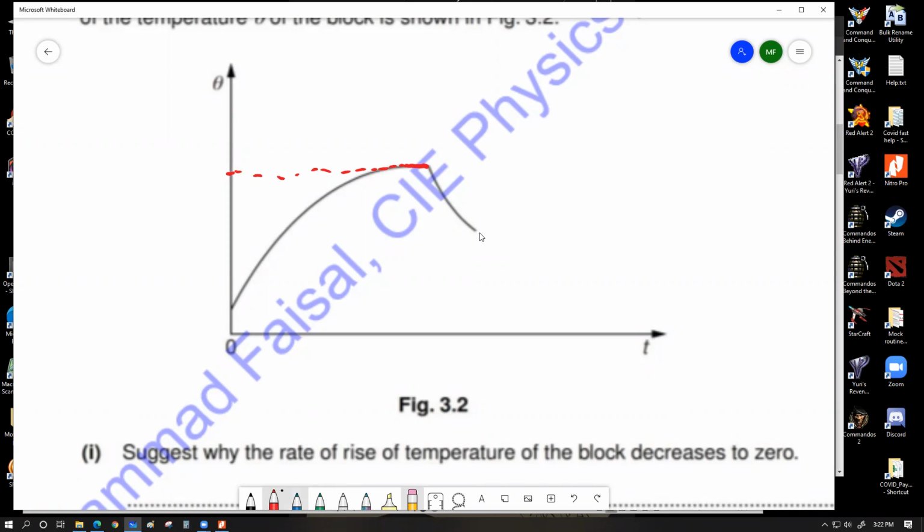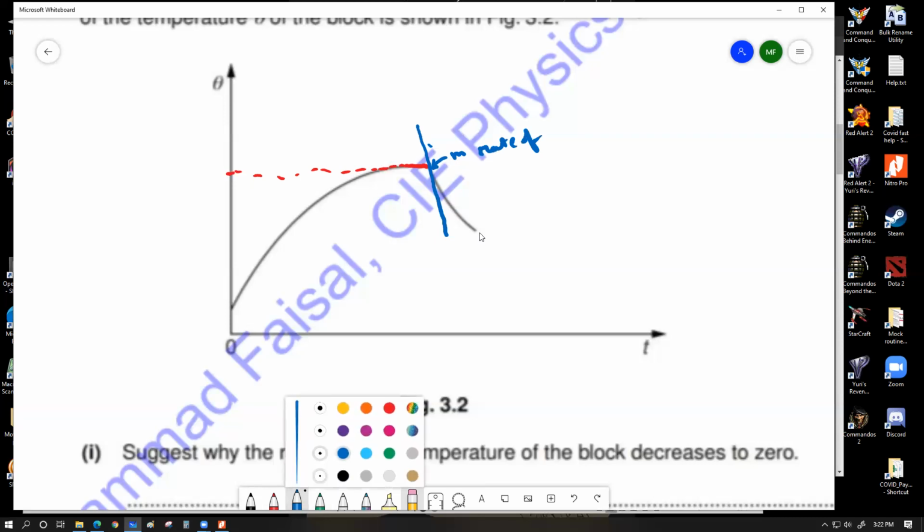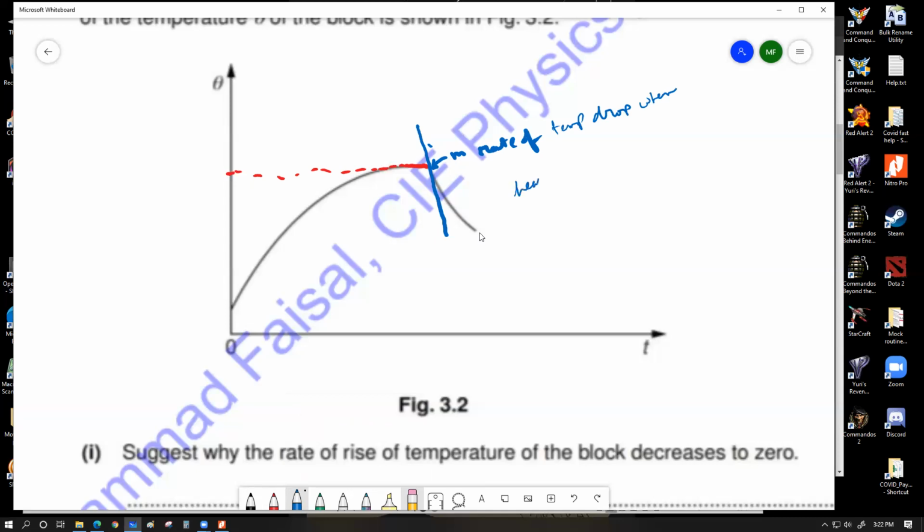So if we can find out the gradient of this curve right at the steepest location, this gradient would give us the rate of temperature drop when the heat loss rate is equal to 54 watt.